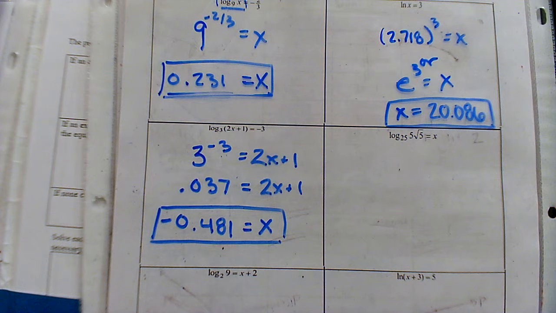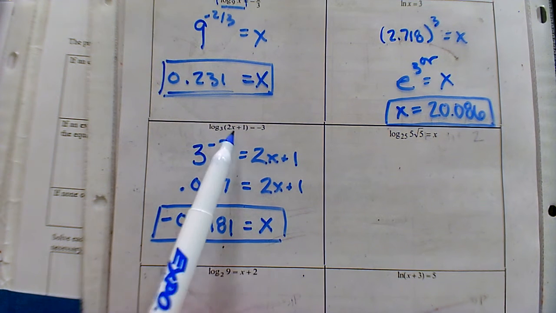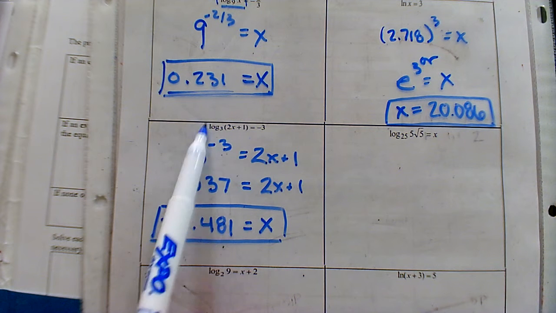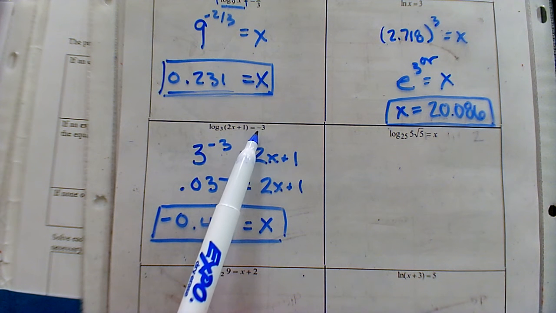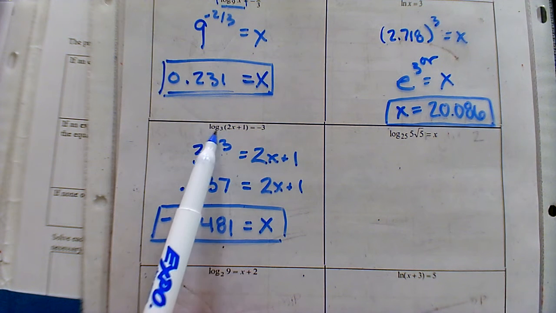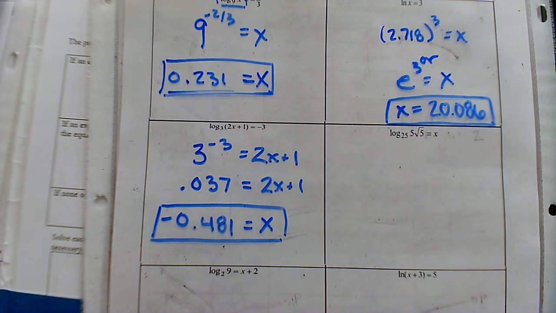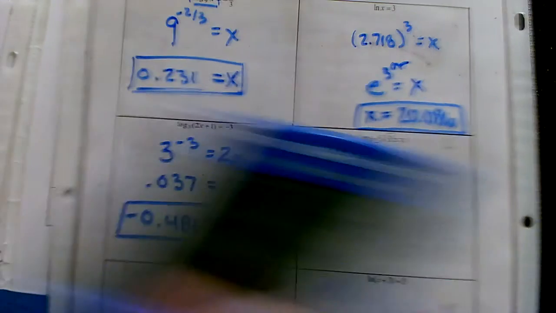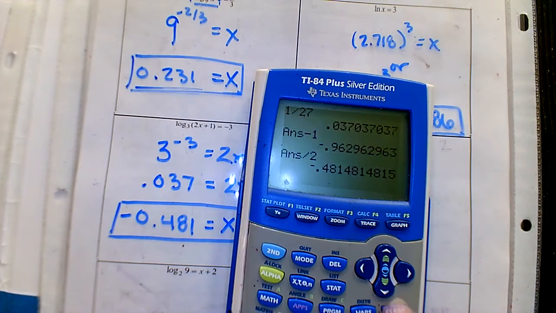Okay. We could double check it if you wanted to, okay? We could plug x back in, type in the log in our calculator, and we should get something close to negative 3. Now the problem is this is a log with a base of 3. You'd have to convert it to a common log or a natural log to check it on your calculator. Maybe we'll try that.